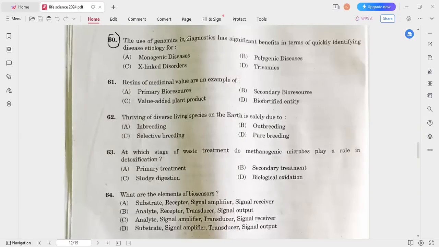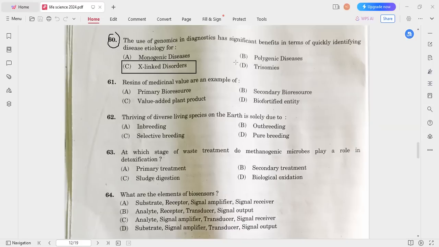The use of genomics in diagnostics has significant benefits in terms of quickly identifying disease etiology for. Here, usually it is genomic therapy for chromosome transplantation. So your answer for question number 60 is option C, X-linked disorders. That is for genomic therapy. For example, if any X-linked disorder is there, we can use genomics to find it out.